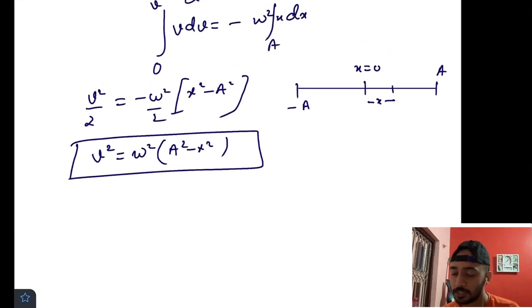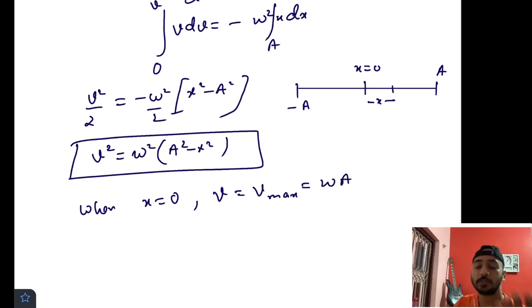Okay, so as you can see, when x equals 0, v is v maximum and it becomes omega times a. So the maximum speed of the particle is when it is in its mean position, and the value is omega times a, and when it is in its extreme position, the velocity becomes 0. Fine. So this is how the velocity or the speed varies with displacement.